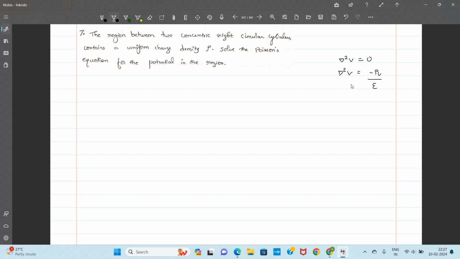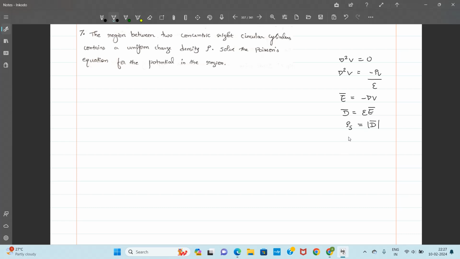Like you will be finding the solution for potential, or you will be finding electric field intensity, which is E equals minus del V. Or you will find D, which is equal to epsilon into E, and you will also be asked to find charge density, which is equal to the magnitude of D in this case. In this chapter, if they ask you to find surface charge density, you should know that it is equal to the magnitude of D. So these are the things that will be asked in this type of problems.